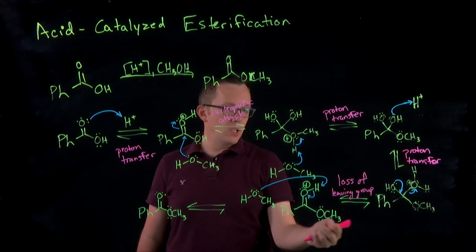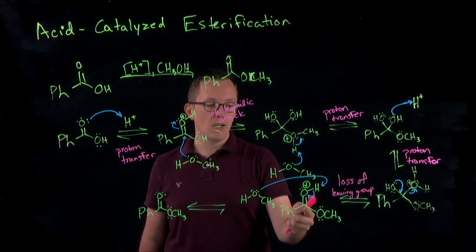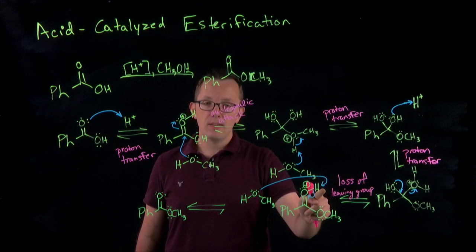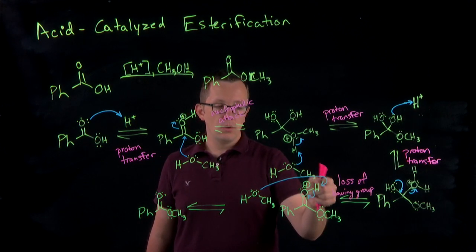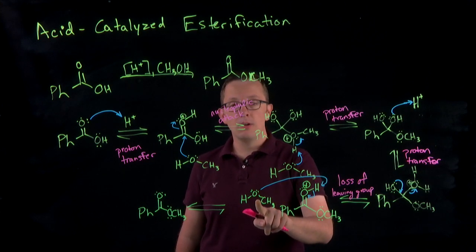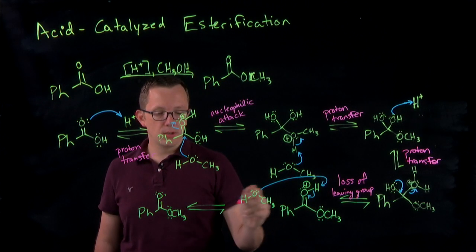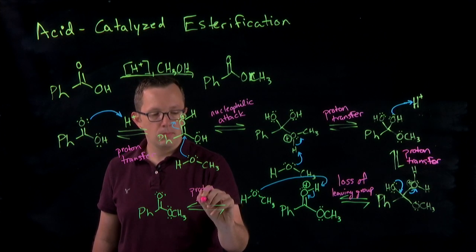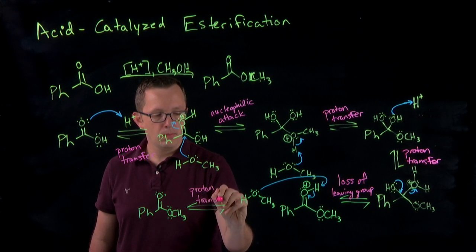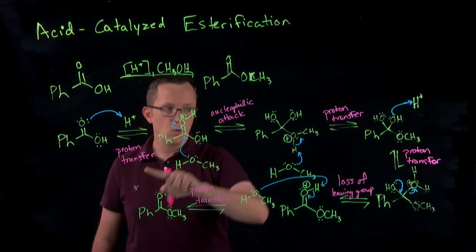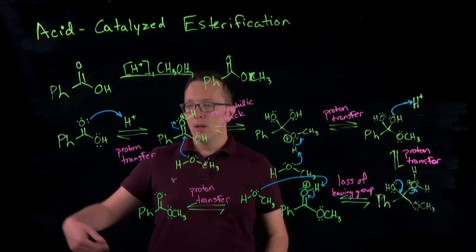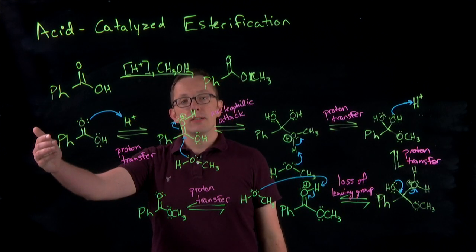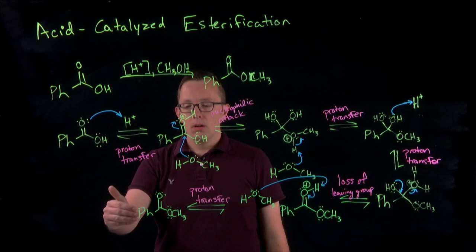Once we have water leave, we've reformed the desired carbonyl. It simply has an extra proton in it. So we're going to do a proton transfer using methanol as a base to remove that extra hydrogen. So when we use all these steps together, we've accomplished converting a carboxylic acid into our methyl ester.